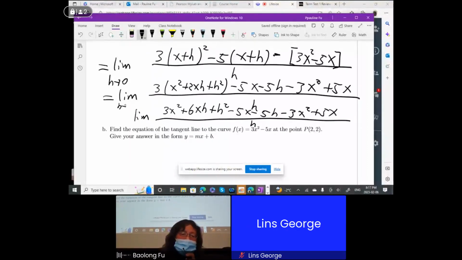I forgot, h goes to 0. Yes, you have to multiply the 3 and the x squared as well. Thank you so much. Yes, for sure. I need this 3. Thank you. You are paying attention and paying detail. Plus 3x squared.